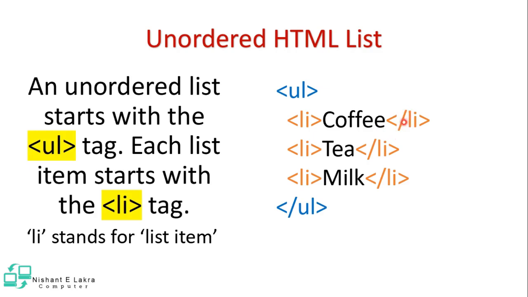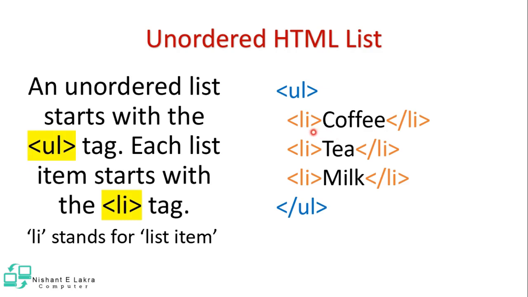Slash li. Like you can see, we end this list item with the end tag, and we use slash to end the tag, like li to start the item. Coffee is the item that we want to be displayed on the web page.